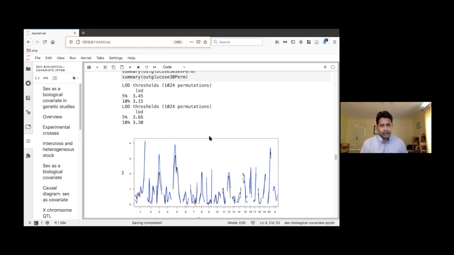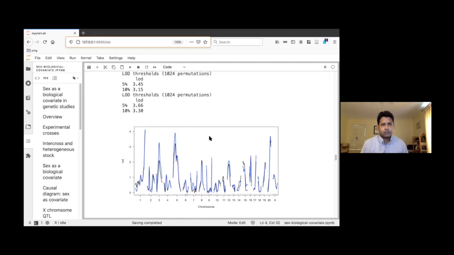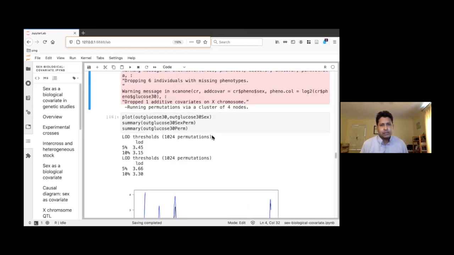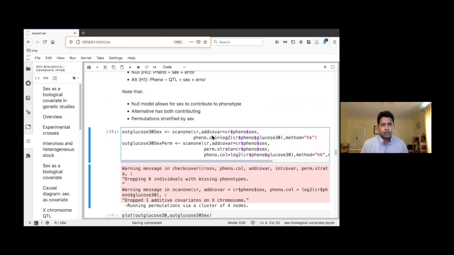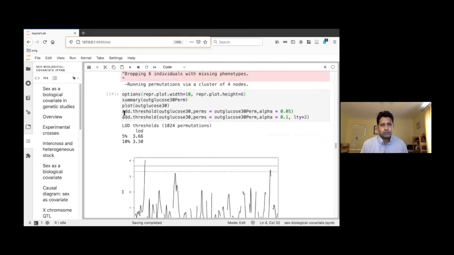And in fact, I should probably plot, let's plot the thresholds.